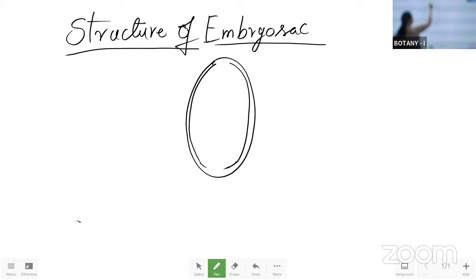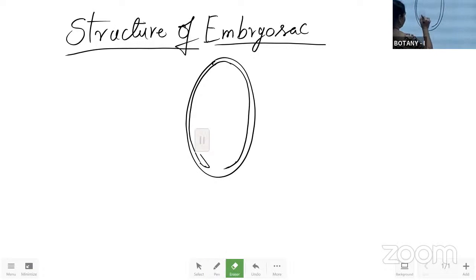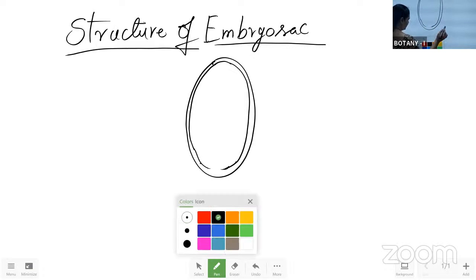In that, the topmost inner membrane, we can close it. And the down portion has to be kept open like this, so that we can go with drawing the filiform apparatus very easily. Now we have to draw the ends of this embryo sac.